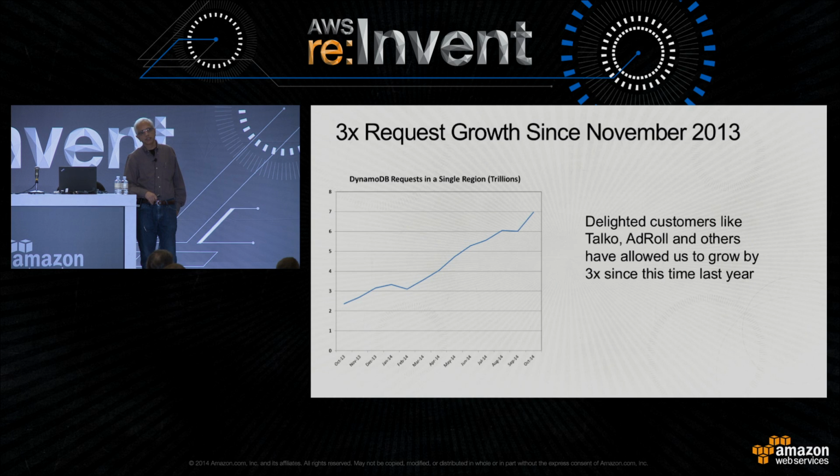We're now doing over 7 trillion. So over a 3x increase in the IO that applications who have adopted DynamoDB do over the last 12 months. And the amount of storage being used in DynamoDB is even higher than 3x over the last year or so.